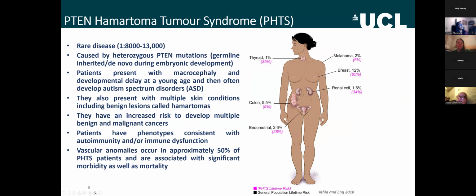And we know about thyroid, they get melanoma, breast cancer, renal cell carcinoma, colon cancer, and endometrial cancer. We now also know that patients can develop immune dysfunction, which is very similar to primary immunodeficiency or autoimmunity. And we also know that patients have vascular malformations.